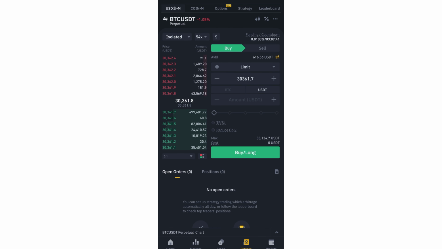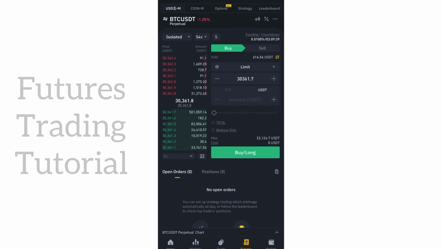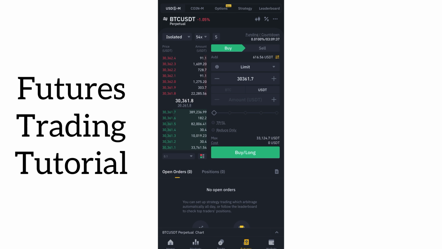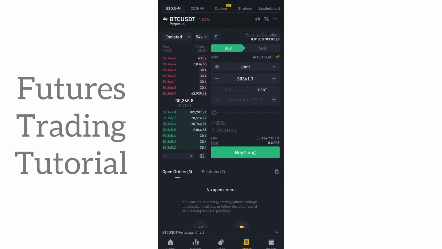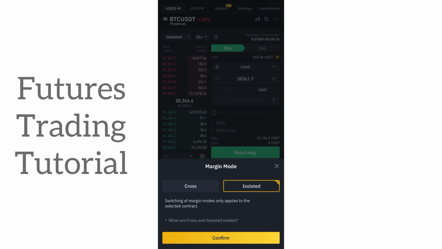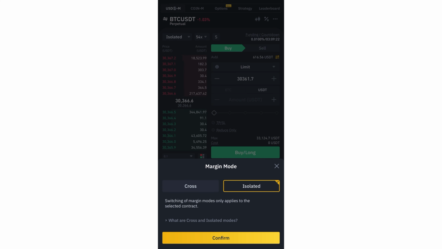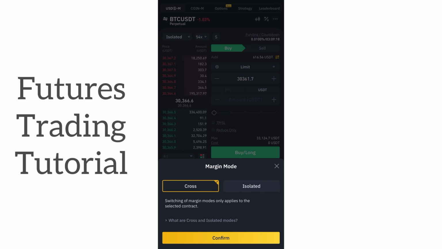Now, having selected that, the next thing you want to do is select your margin type. We have two types of margin on futures trading: the cross margin and the isolated margin. Cross margin means that when you are trading, let's say out of this $616, I am trading with $200.